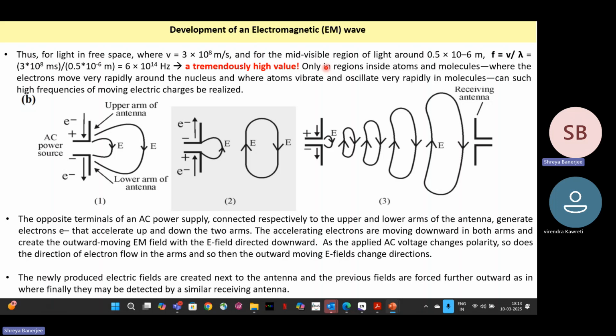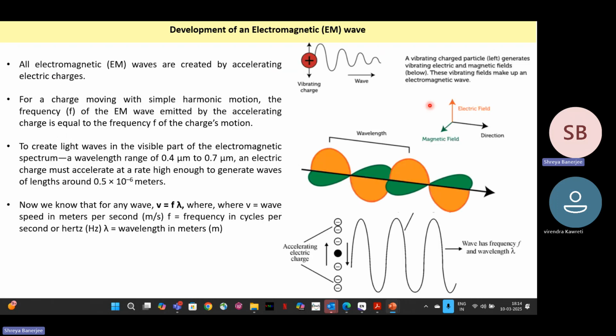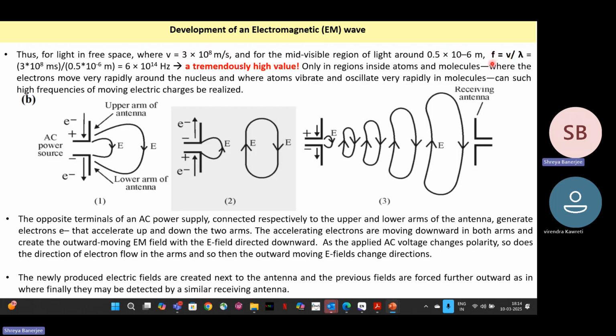If we consider a wavelength in the visible range of around 0.5 micrometer, then using V = fλ, if we take λ to the other side, the frequency will be velocity divided by wavelength. So to find the frequency, we will divide the velocity, that is 3 × 10^8 meters per second, by the wavelength, which we have taken as 0.5 micrometer.